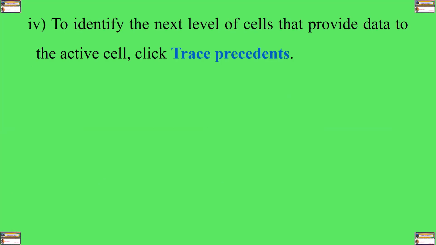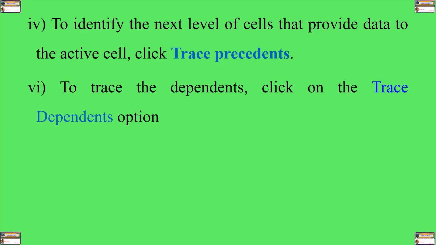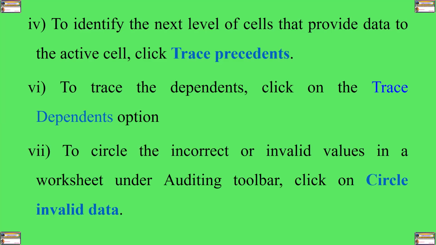Number four, to identify the next level of cells that provide data to the active cell, you click on Trace Precedents again. Number five, to trace the dependents, you click on the Trace Dependents option.